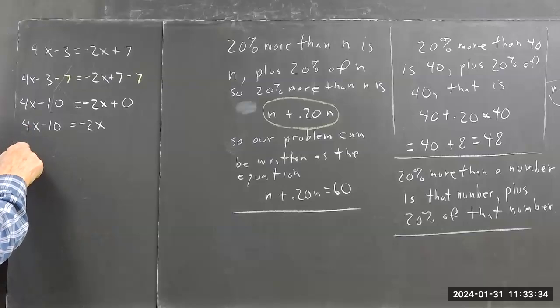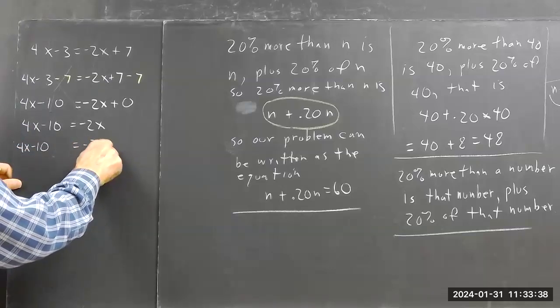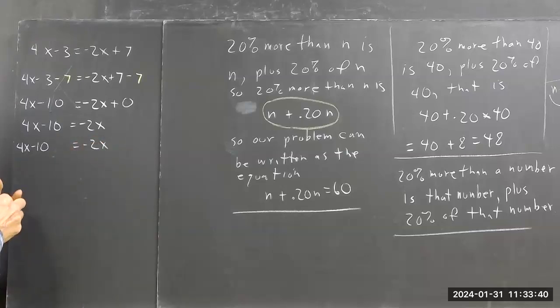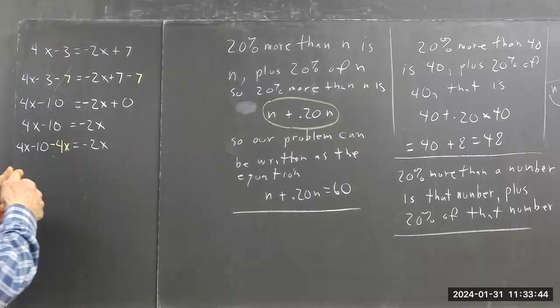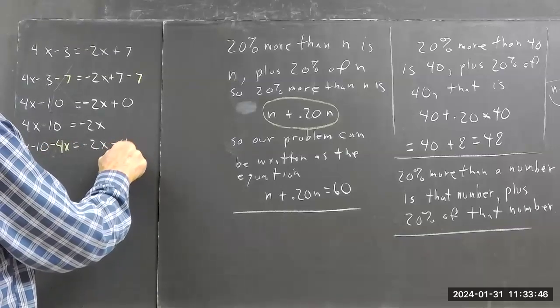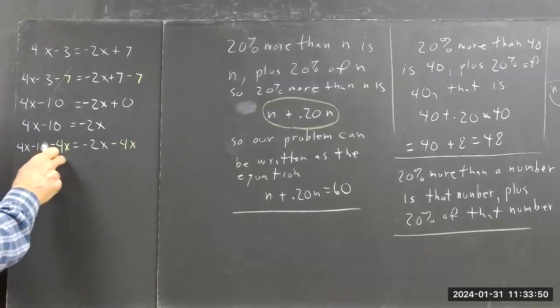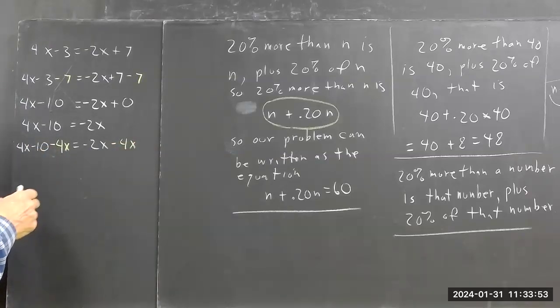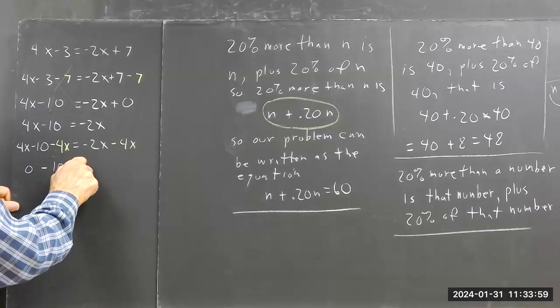So we have to subtract 4x from both sides. We do 4x minus 10 equals negative 2x, and then we subtract 4x. Well, 4x minus 4x is 0, and we have the negative 10, so we can write that as 0 minus 10.